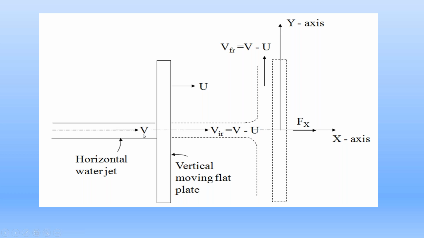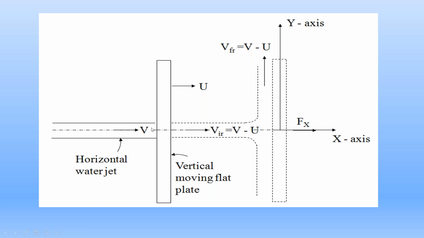If the velocity V is greater than the velocity U, then this water jet strikes the moving plate. This is the striking. The water jet strikes the moving vertical flat plate with relative velocity. The relative velocity of the water jet with respect to the moving plate, as I just explained, Vr bar is equal to V bar minus U bar.